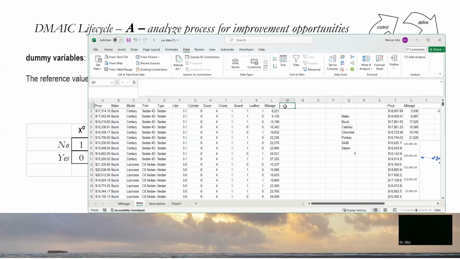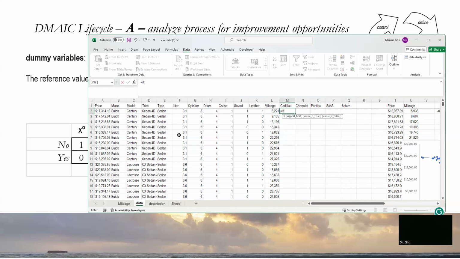And so I'm going to write Cadillac, Chevrolet, Pontiac, Saab, Saturn. And then I'll just write a couple of fancy formulas.